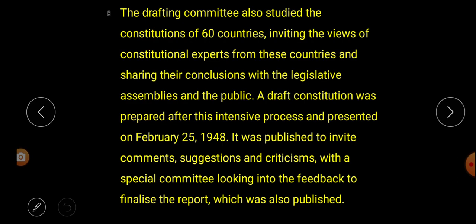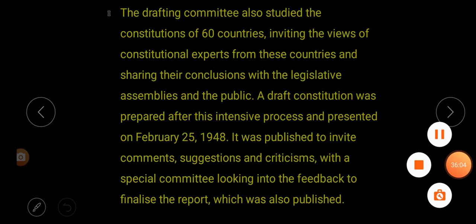Thereafter, a draft of the constitution of India was prepared, and this was presented on February 25, 1948. Thereafter it was published, in newspapers and elsewhere, to invite comments, suggestions and criticism of people. Thereafter there was a committee looking at the feedback of people to finalize the report, which was also published in newspapers.